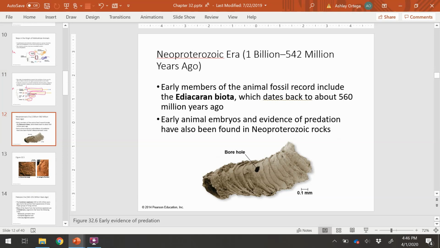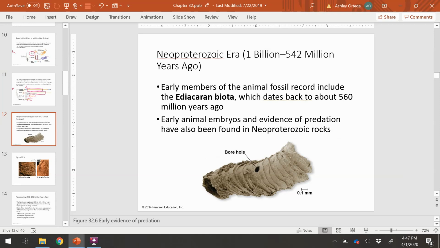Here you can see below in this fossil, this believed-to-be shelled animal has a borehole in the center of it that suggests that maybe an animal or a different predator attacked it at some point.